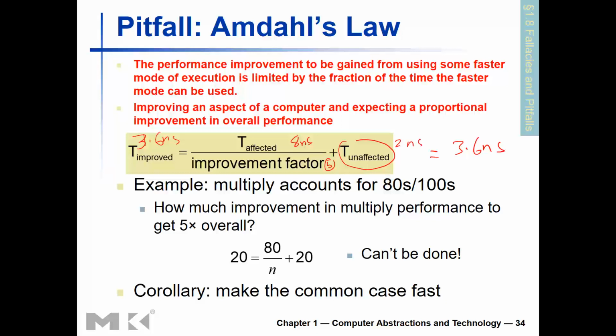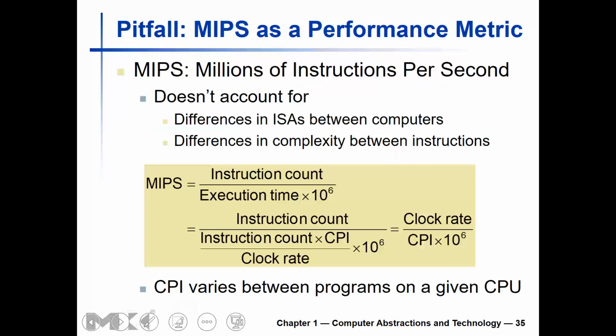Let's read it: the performance improvement to be gained from using a faster mode is limited by the fraction of the time the faster mode can be used. I cannot improve the unaffected part. That's what Amdahl's law states.